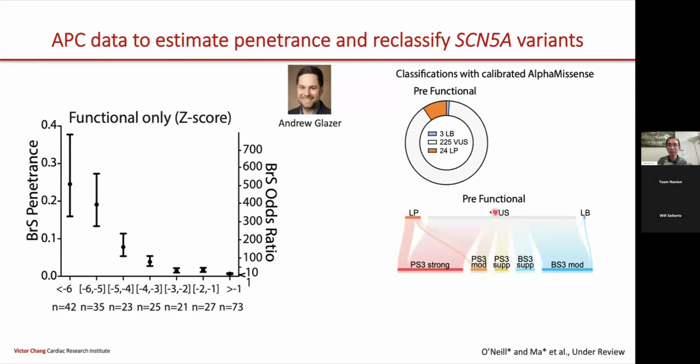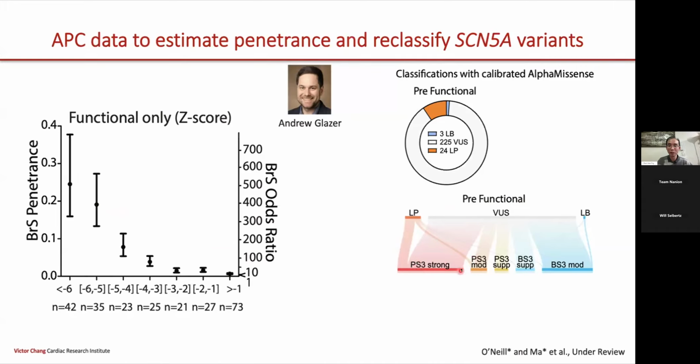And this is pre-functional, meaning we haven't applied functional data. You can see most of them are VUS, and this is already applying the ClinGen calibrated in silico AlphaMissense score, but still a lot of them are VUS.